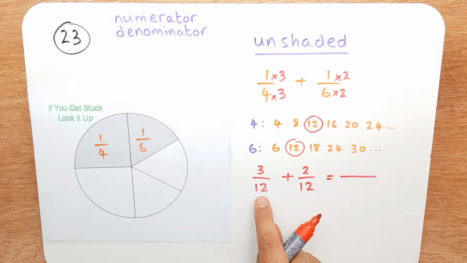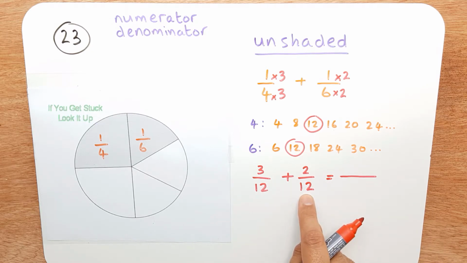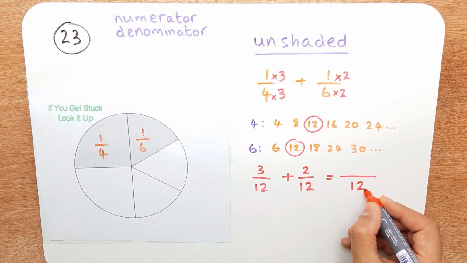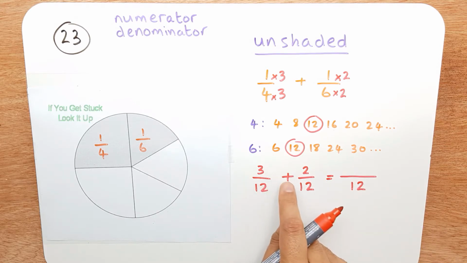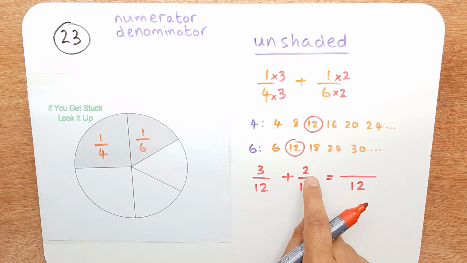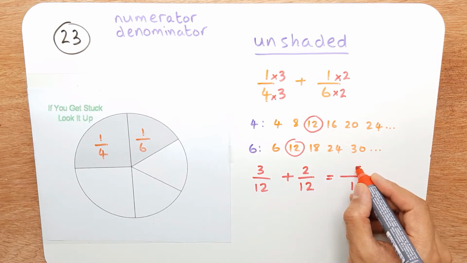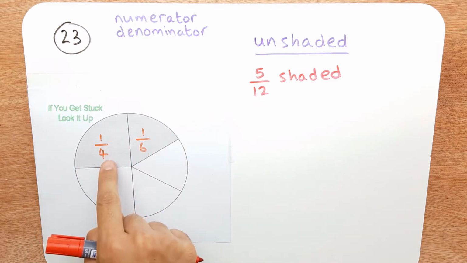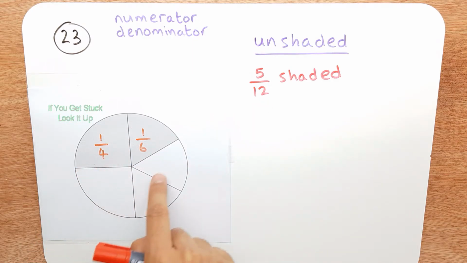Now it's easy because both the denominators are the same. So what I simply do is put a 12 at the bottom and I do 3 plus 2, which is 5. So now I know 5/12 is shaded, but I want to work out the unshaded part.